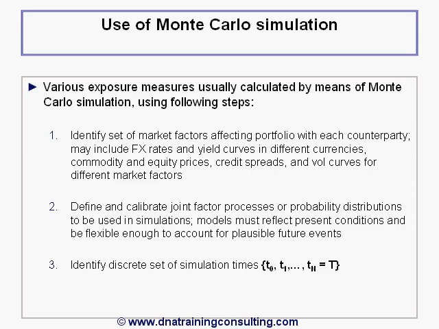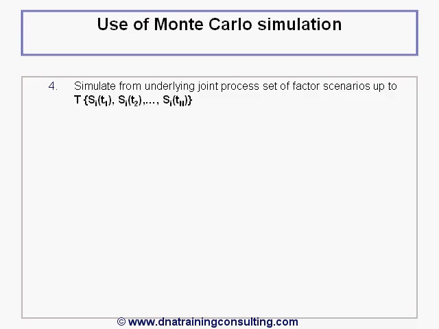Step 3. Identify a discrete set of simulation times from T0 to Tn. Step 4. Simulate from the underlying joint process a set of factor scenarios up to Tn, where i equals 1, 2, 3, all the way to m, and where typically m equals several thousand.